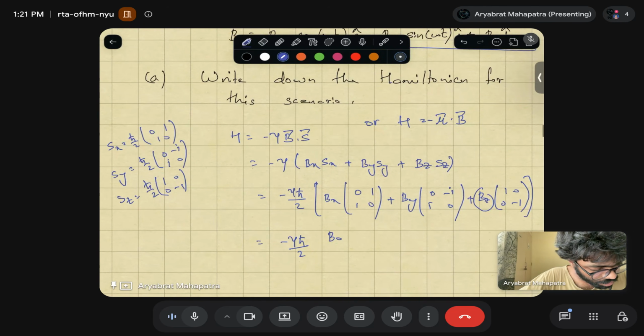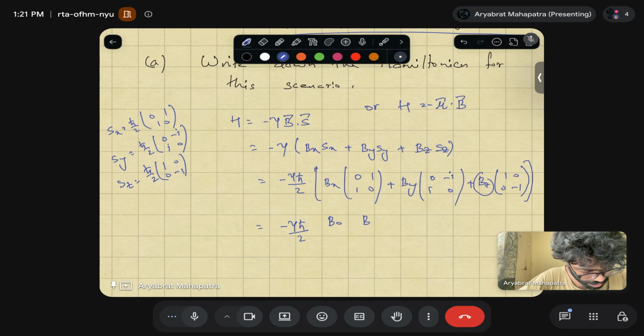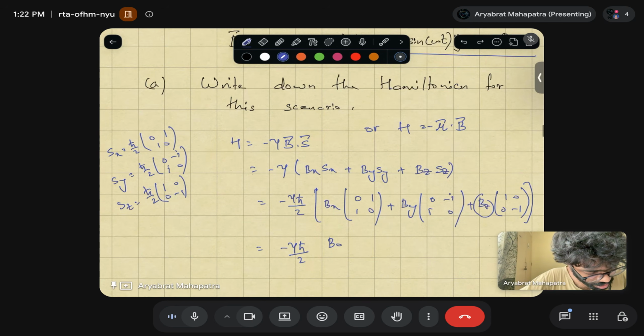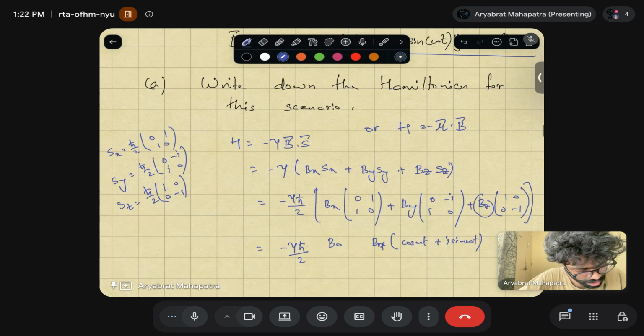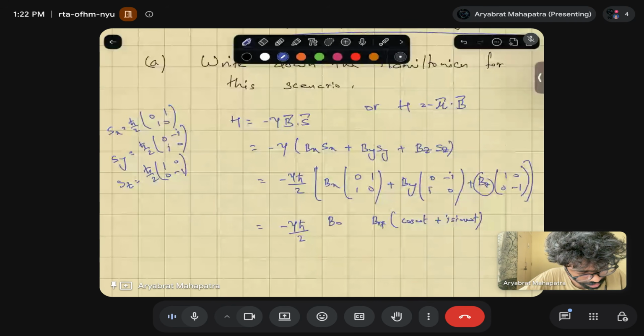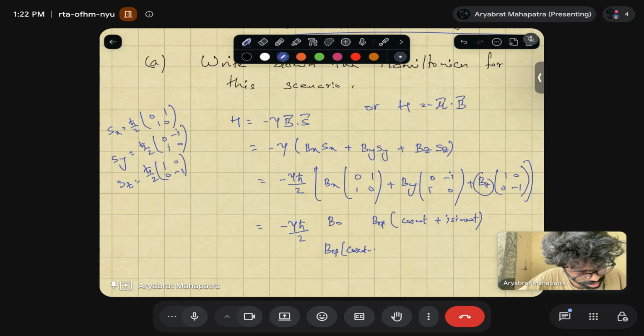In the same way, you have Bx minus i By, which gives you B rf cos omega t plus i sin omega t, and similarly B rf cos omega t minus i sin omega t, and minus B naught.